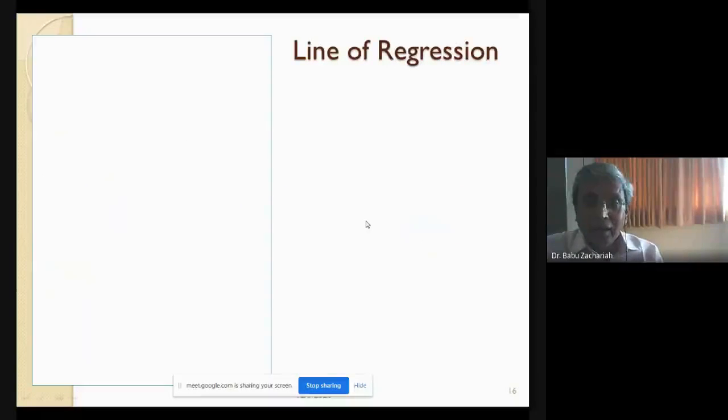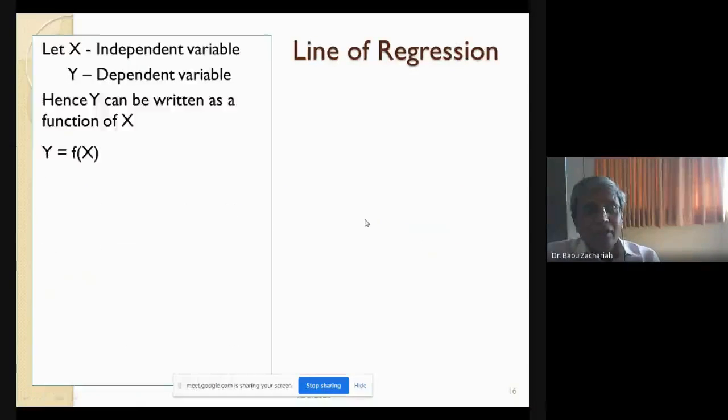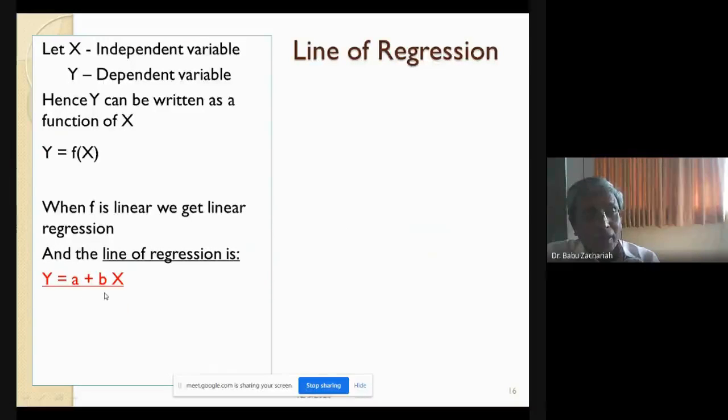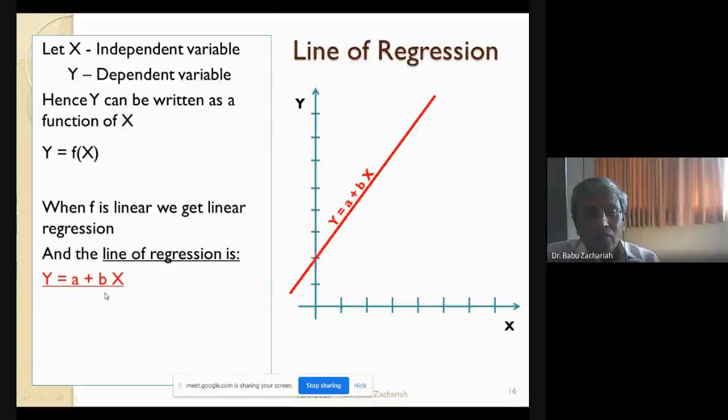And regarding a line of regression, say we have assumed a line like this, y is equal to a plus bx. And what is a? A is the y-intercept. So that is shown here like this, where the line cuts the y-axis, that is A. And what is B?